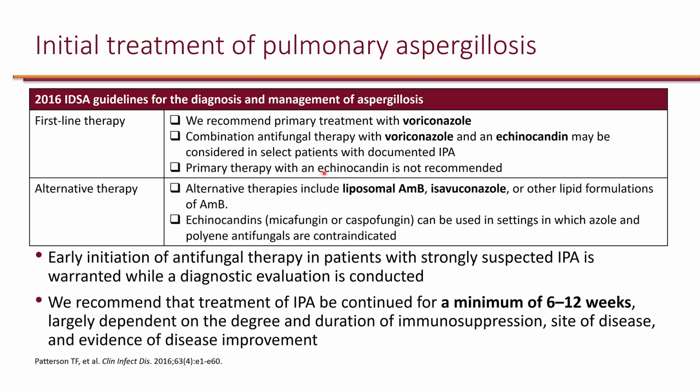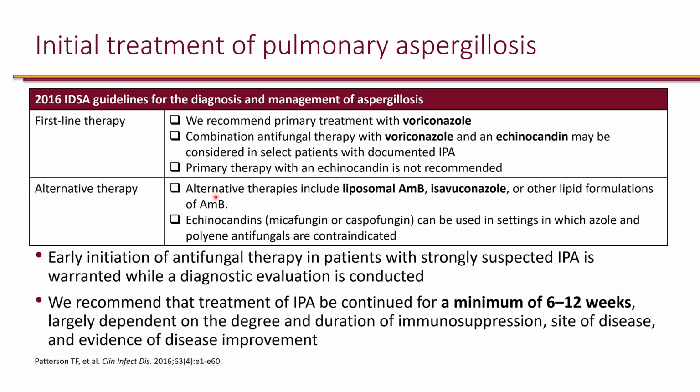Now, primary therapy with echinocandin monotherapy is not recommended. So as I had mentioned previously, azoles perform better against aspergillus compared to echinocandin. So echinocandin monotherapy is not recommended, only as a combination.